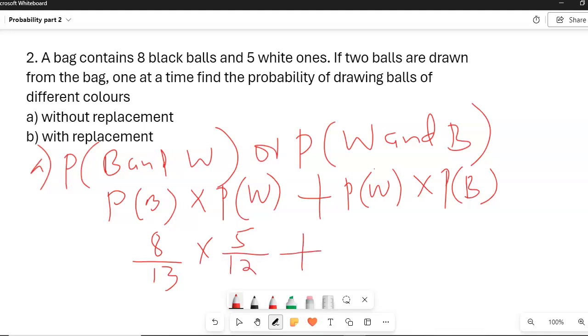Then we add the probability of getting a white ball first, which is 5 out of 13, and then when you draw one, you remain with 12 balls, so the probability of getting a black should be 8 out of 12.